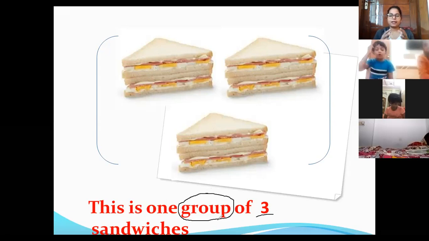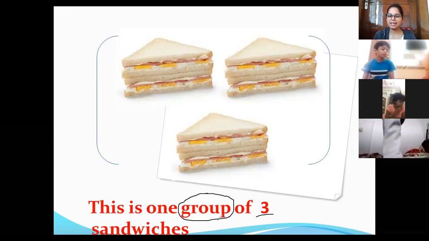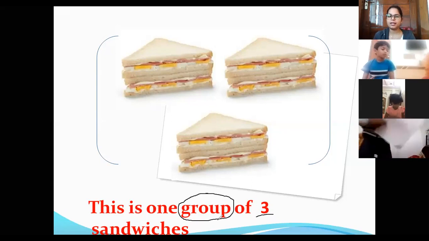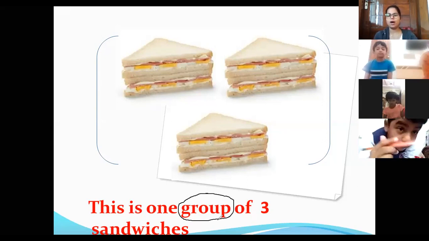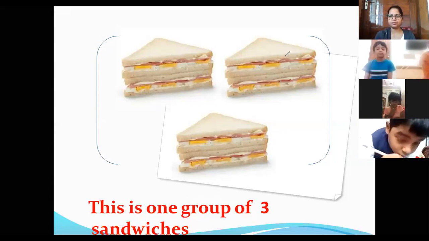Group means collection. When you put similar things in one collection, right? In one place, you can say. So in one group, how many sandwiches are there? Three sandwiches are there. So we can say one group of three sandwiches. Okay.